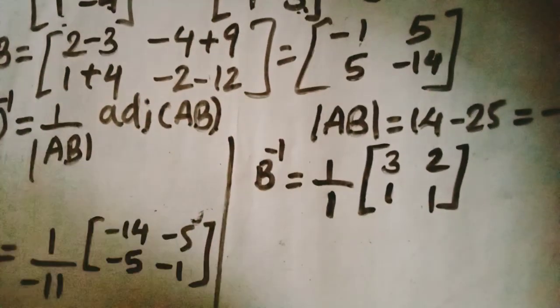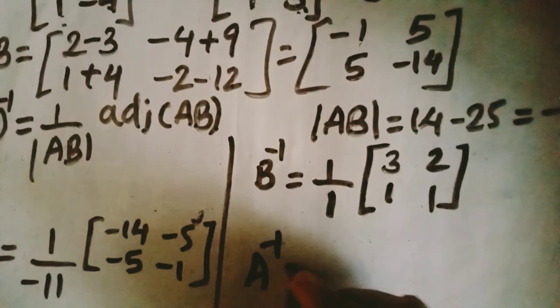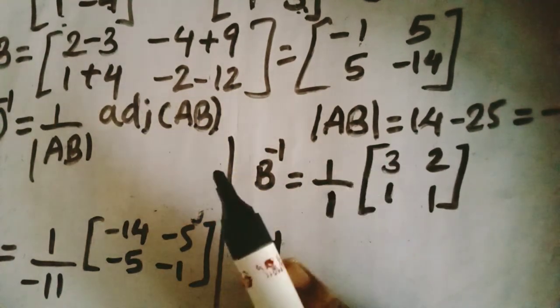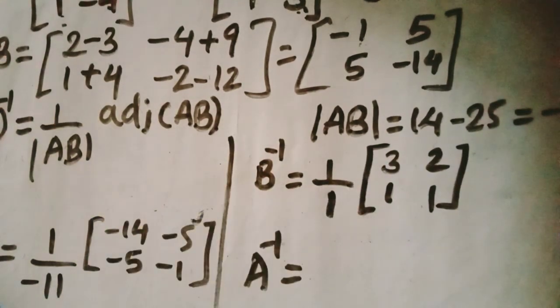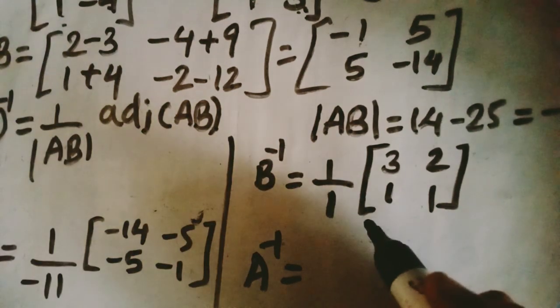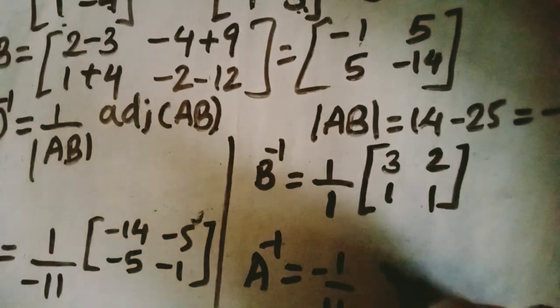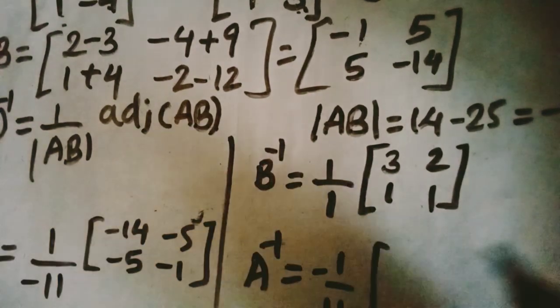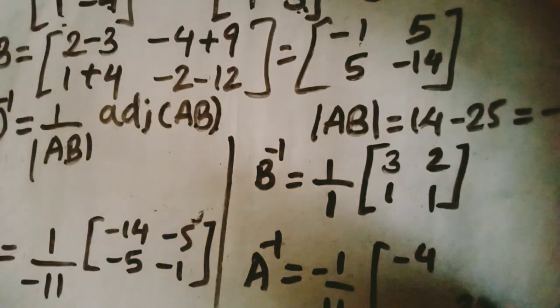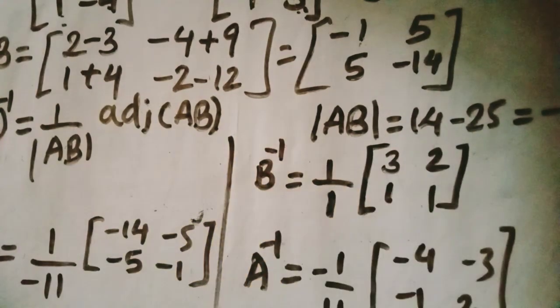This becomes B inverse. A inverse is minus 8 minus 3, so minus 11, and minus 4, 2, minus 3, minus 1.